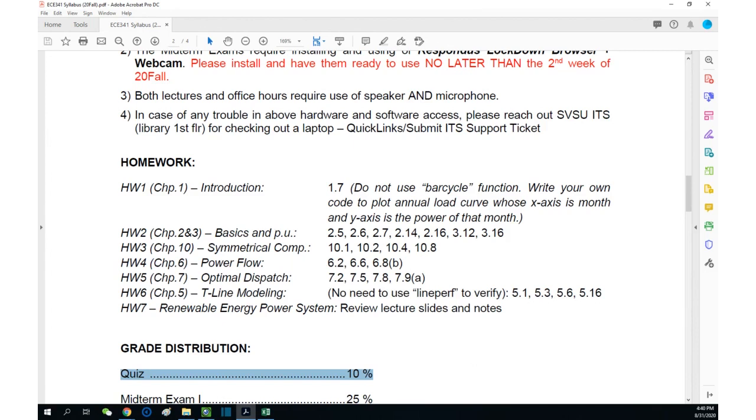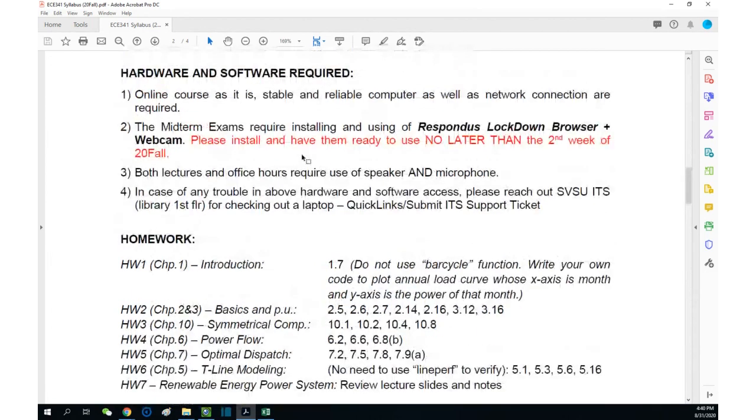EC360 was MATLAB, but no Simulink. Is this just MATLAB as well, or Simulink as well? Good question. I didn't mention this. The EC341 Power System class does not rely on any other software. No MATLAB required.